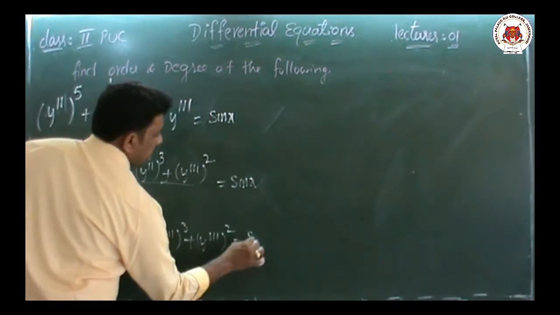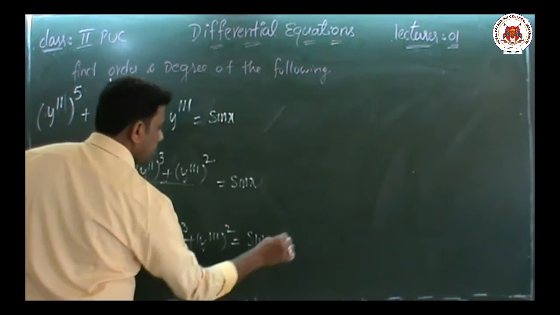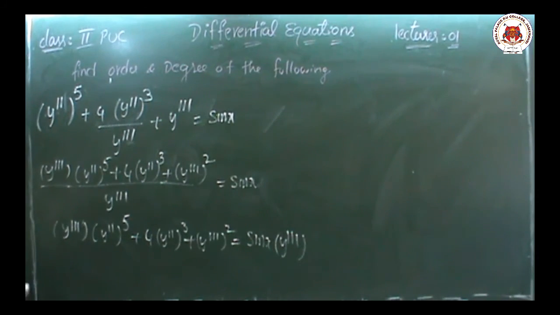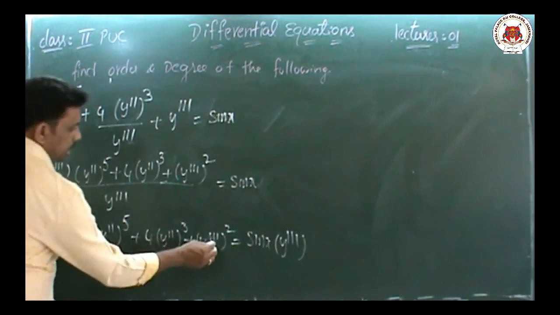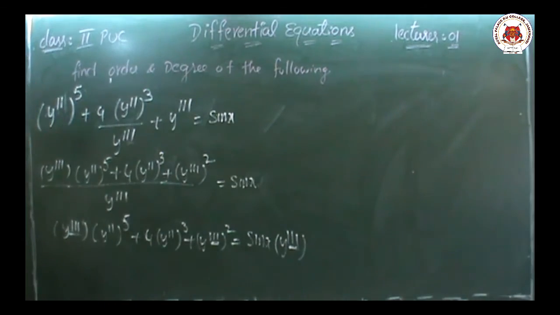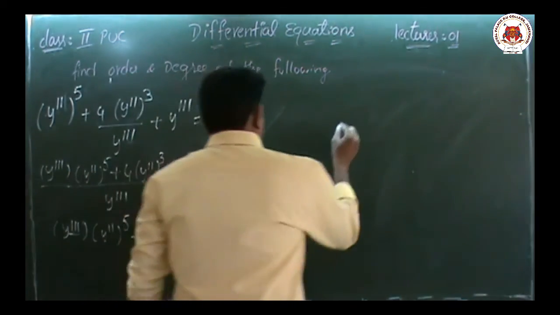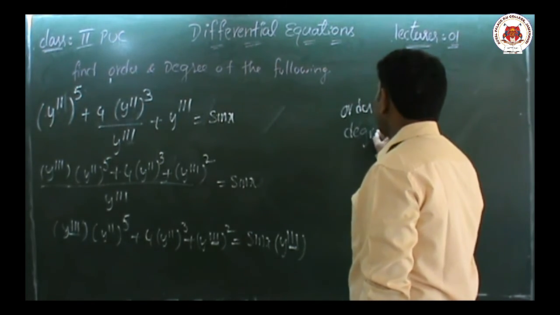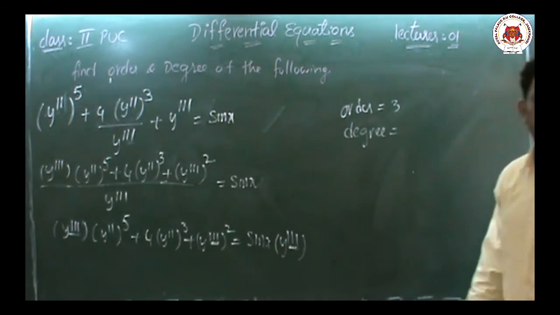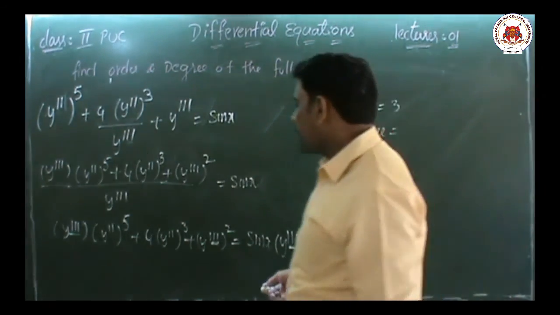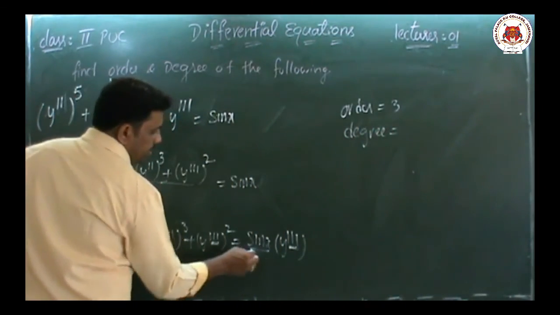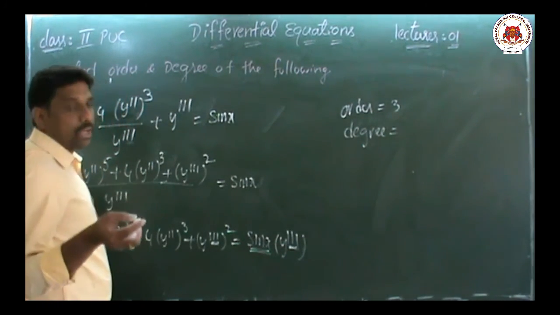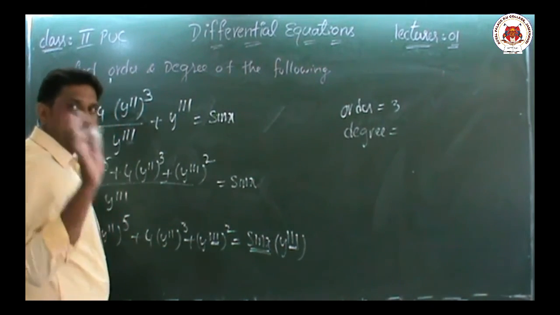Now concentrate on the equation. Children, here the highest term is differentiated 3 times. Here also 3 times, here also 3 times. Definitely the order is 3. The problem is only with the degree. Here a trigonometric function is there, but it is sin x, not sin of dy by dx.